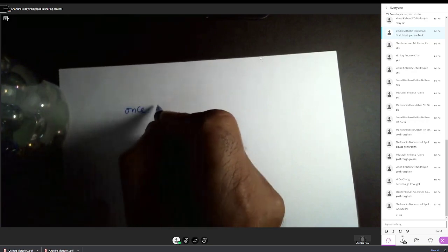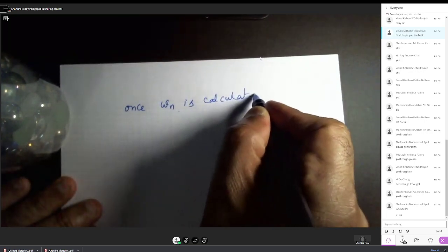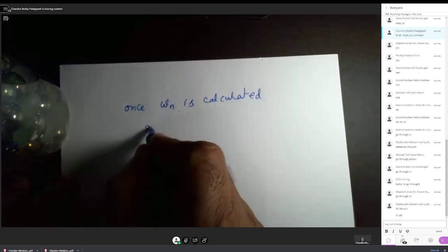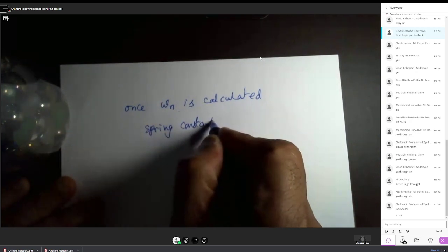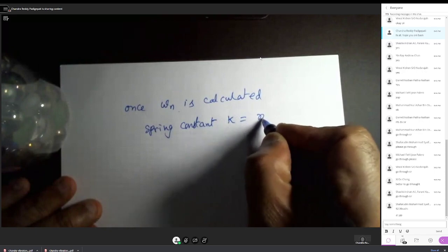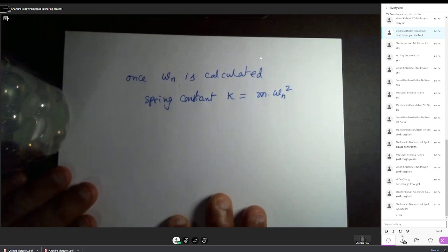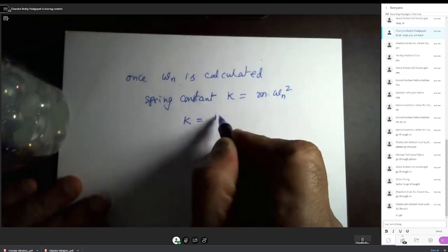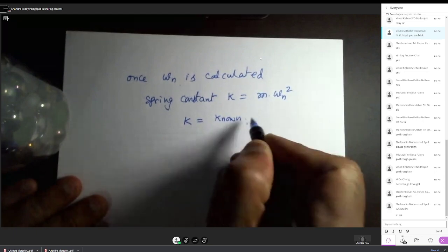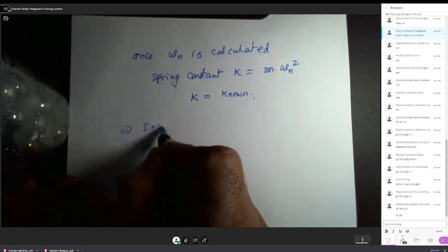Once omega n is calculated, the spring constant of the platform, K, can be calculated as m into omega n square. So K is known. Now you know K.